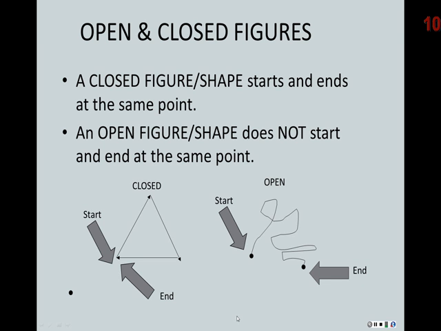Now, when I talk about certain figures, we're going to talk about some special figures. We're going to talk about open and closed figures. All of these properties in geometry that we're talking about are going to deal with closed figures. So you see this triangle here that is created by 1, 2, 3 rays?